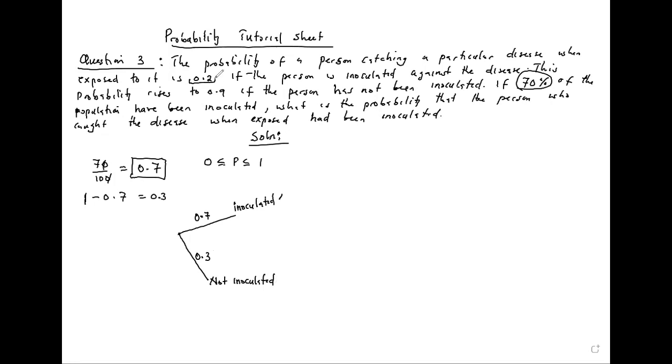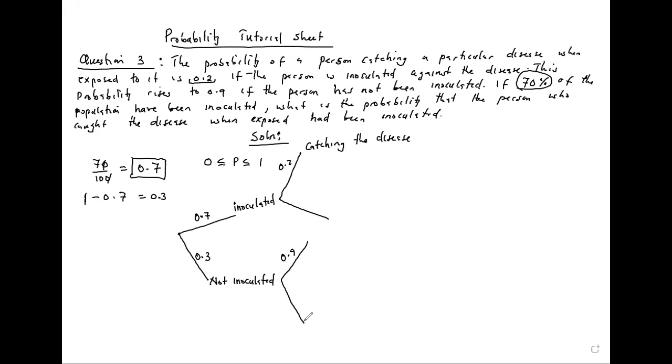So inoculated, catching the disease, 0.2. We don't care about not catching. Not inoculated, catching the disease is 0.9. Again, here you don't care about the other one.